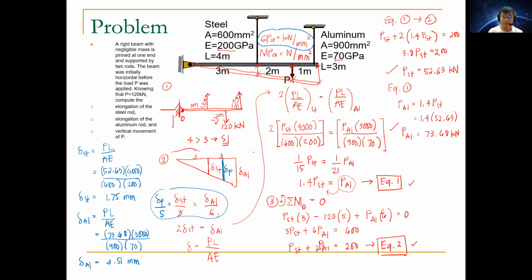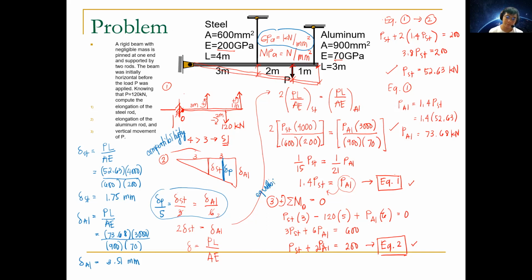Again, to summarize the steps, the first step can be skipped as long as you know that your member is statically indeterminate. The first one would be compatibility equations. The next is equilibrium equations.